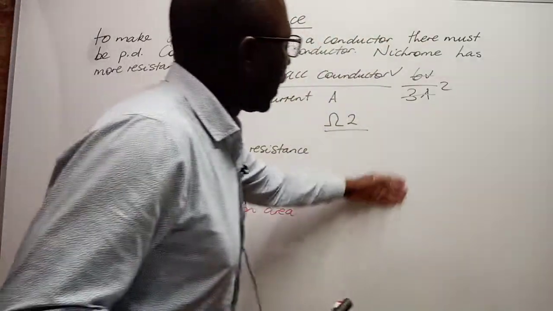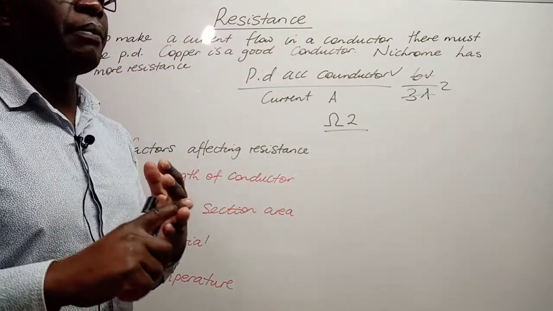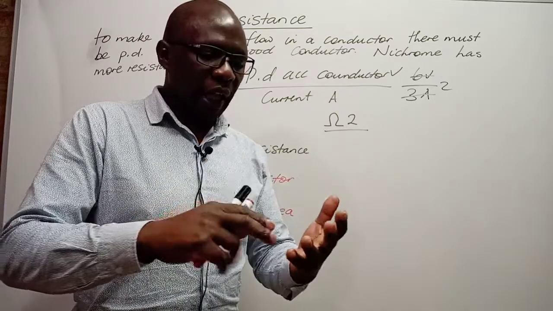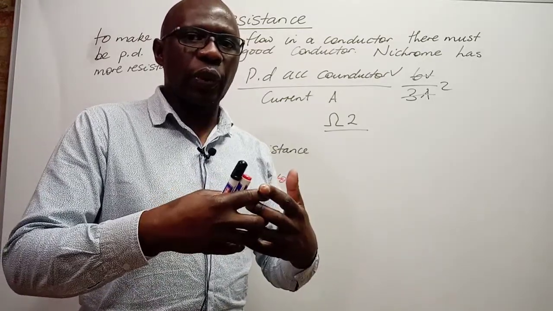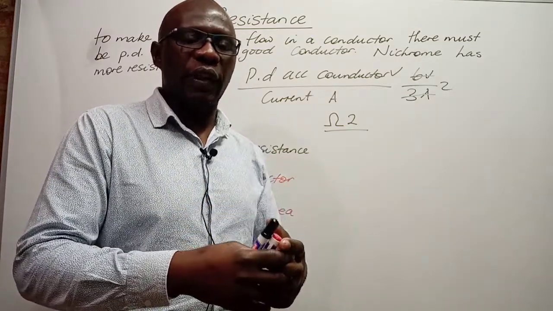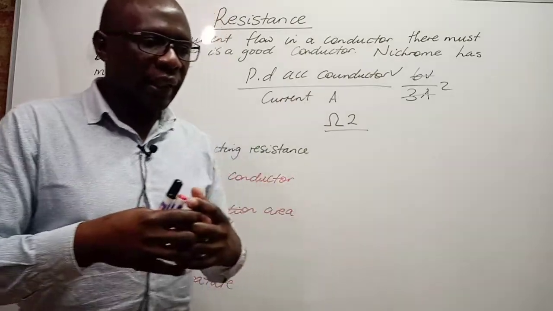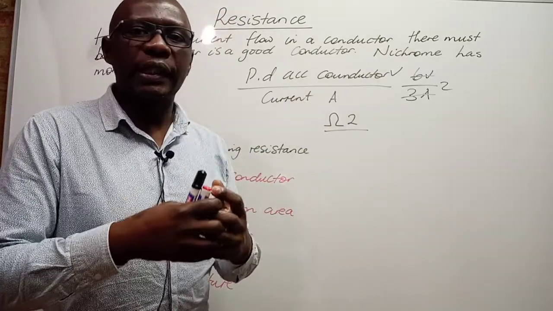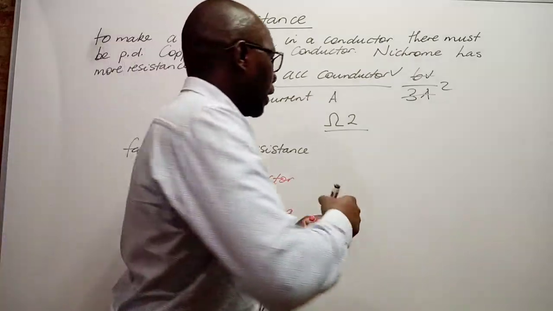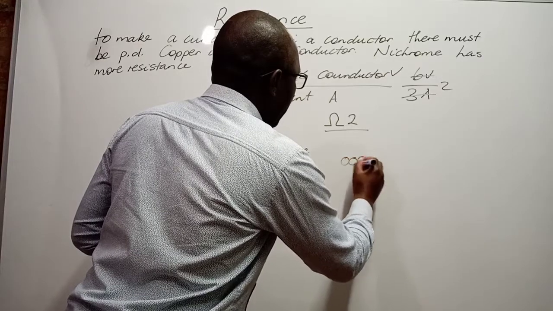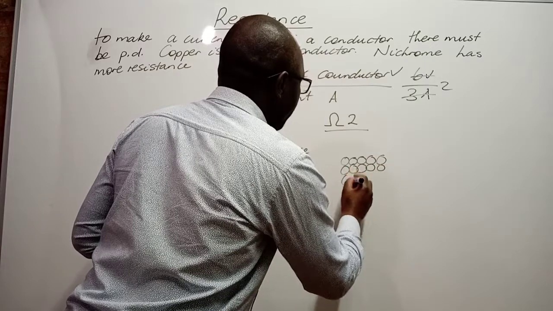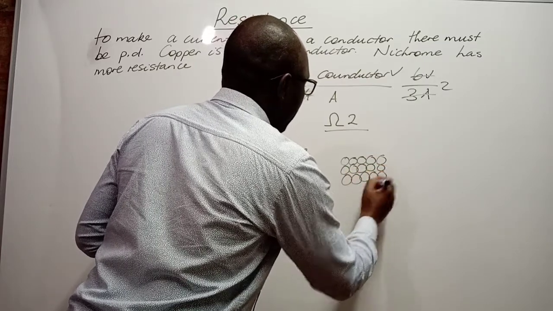First of all, I want us to remember that the particles that make up solids are closely together and they are vibrating on the spot, right? But when they gain heat, they also gain at the same time more kinetic energy. So let's say these are the particles of a wire, right?